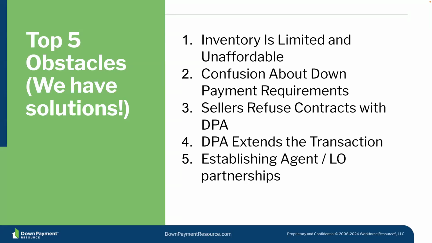We know inventory remains tight in many markets, but there are creative avenues that can help uncover more inventory options. We know that there's some confusion about down payment requirements. We continue to see too many aspiring home buyers think that they need 20% down and are unaware of low down payment mortgage options or DPAs, thus leading them to often give up on the idea of homeownership.